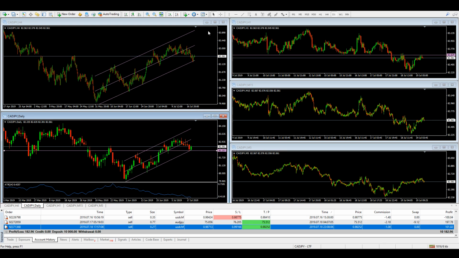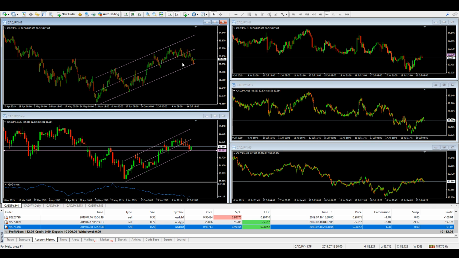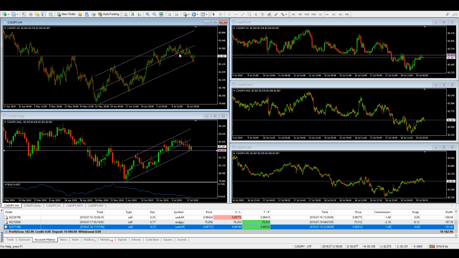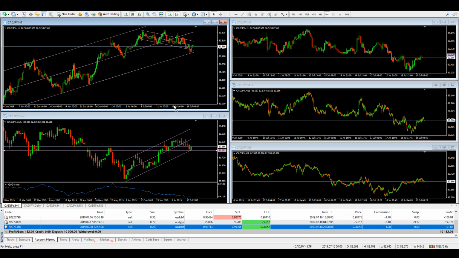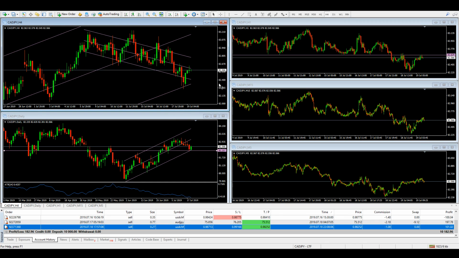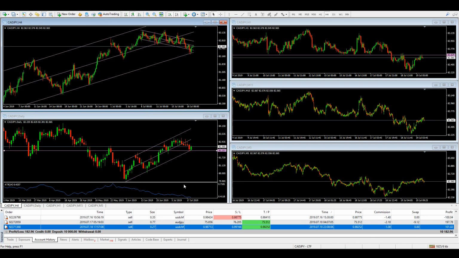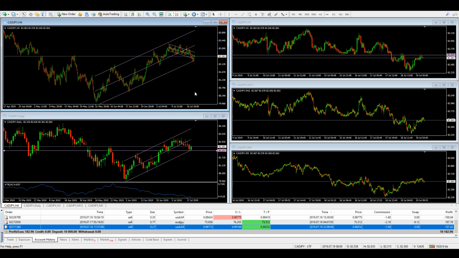The 4 hourly echoes that, just more granular. This move, let's have a look. The reason I'm umming and ahhing here is that it's good in the fact that we've seen it come down and interact in the same way that this move here did, it's basically the same thing.